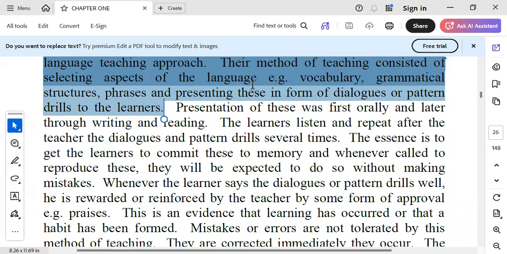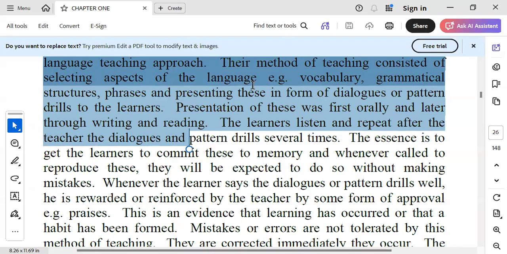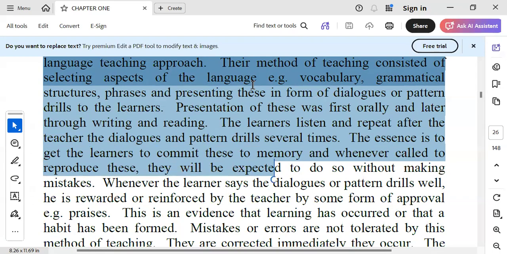Presentation of this was first oral and later through writing and reading. The learners listen and repeat after the teacher the dialogues and pattern drills several times. The essence is to get the learners to commit this to memory and, whenever called upon, to reproduce this. They will be expected to do so without making mistakes.